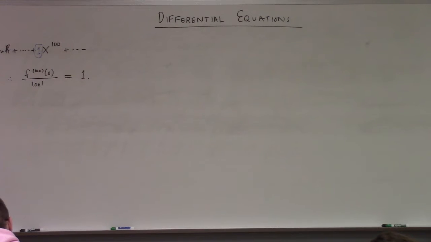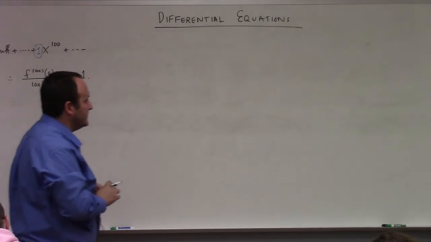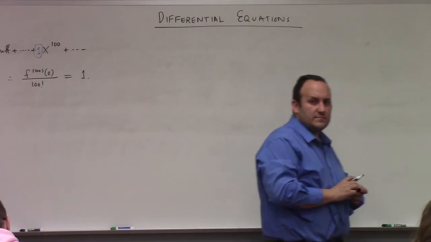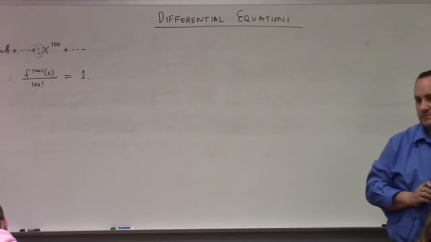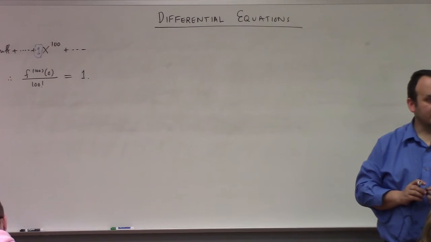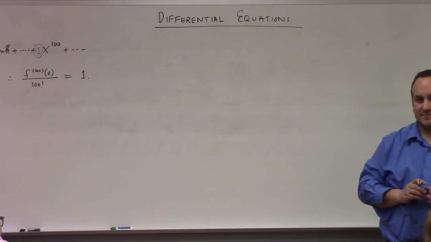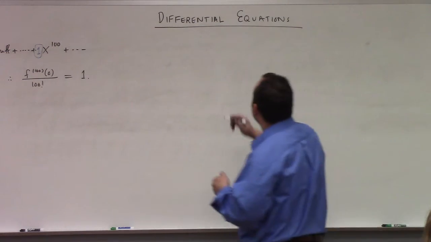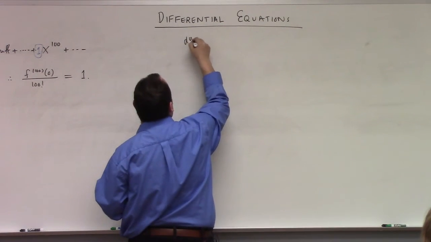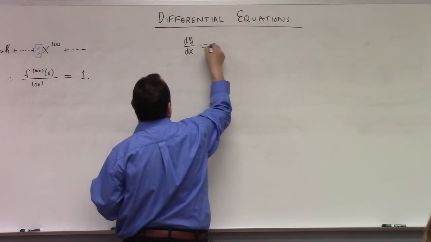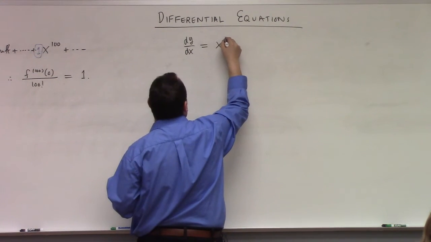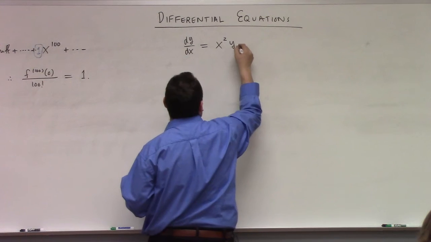First of all, I suppose the first question is, what on earth is a differential equation, right? Can you guys tell me what is a differential equation? Let me write down a couple. dy/dx equals x squared y.